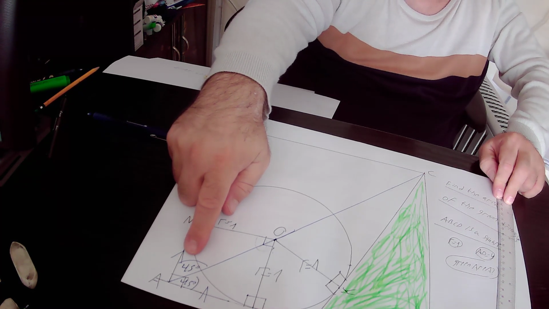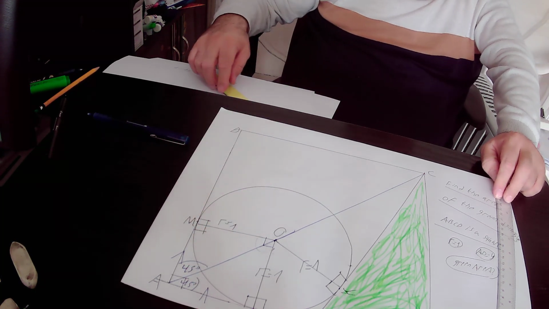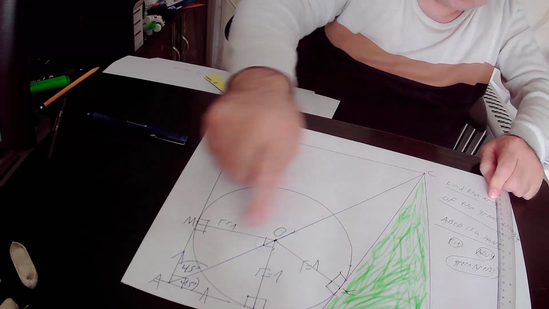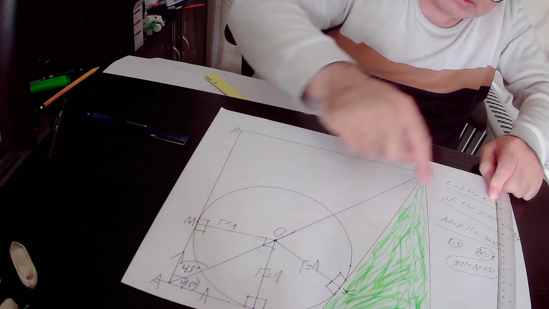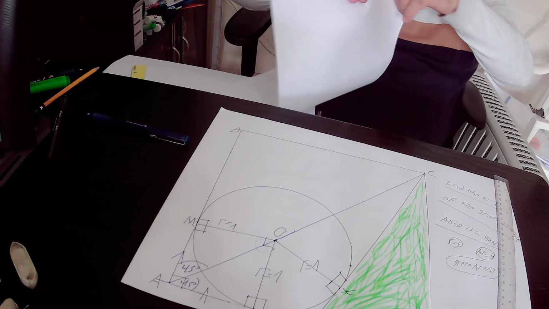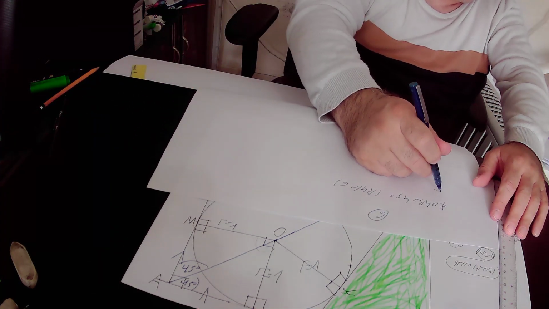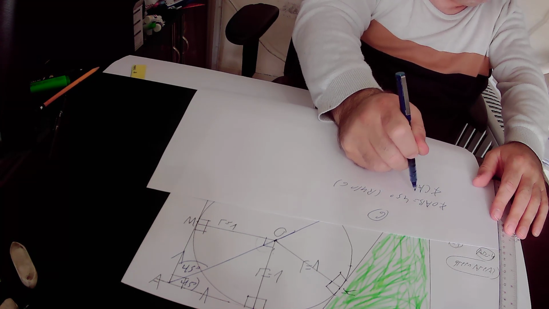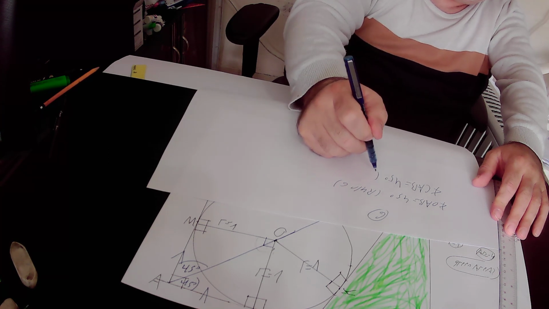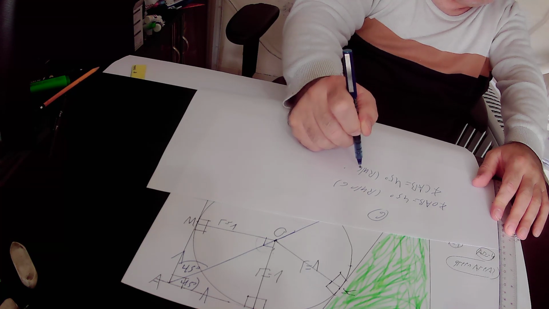This angle will be equal to 45 degrees and this angle will be equal to 45 degrees. That is to say, angle CAB equals 45 degrees according to rule number 6.